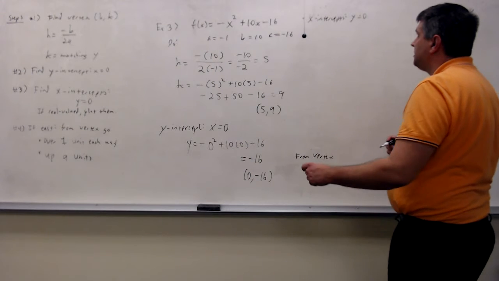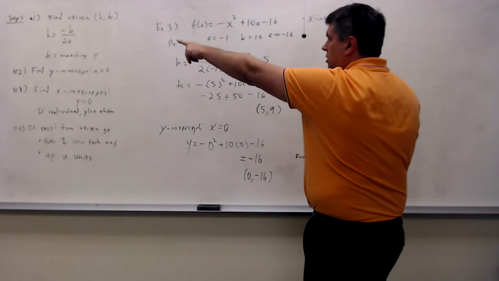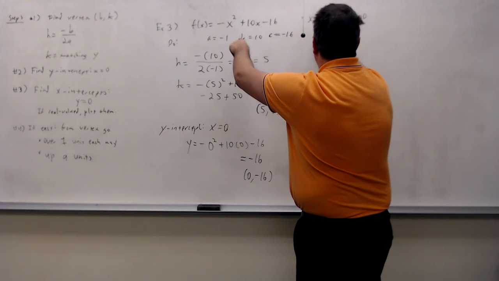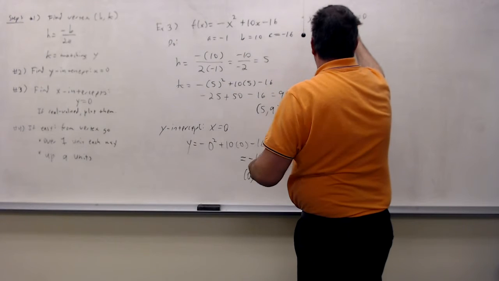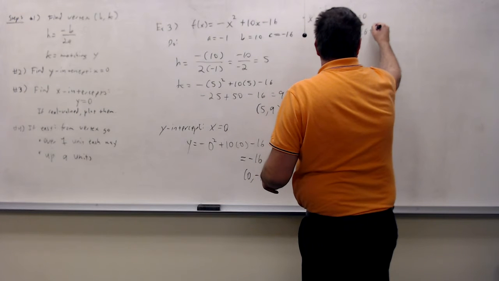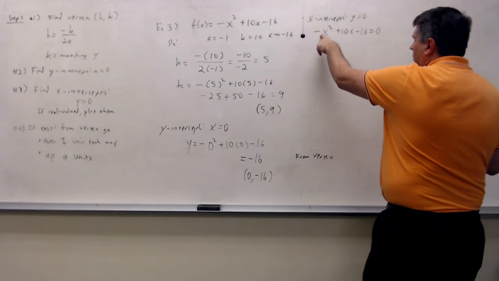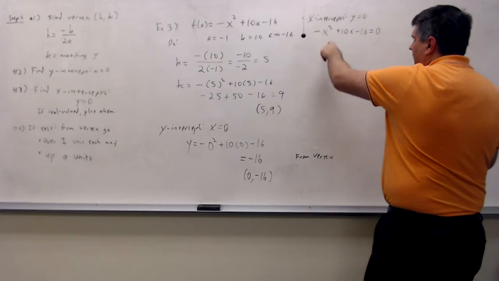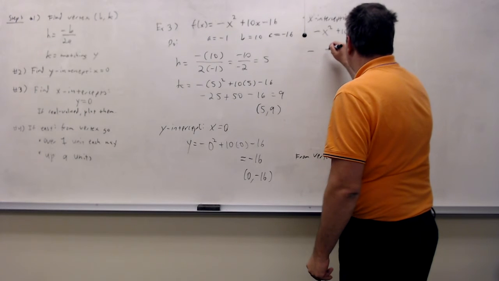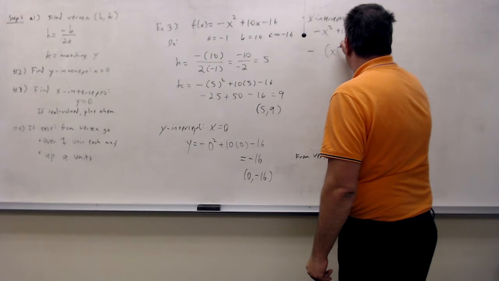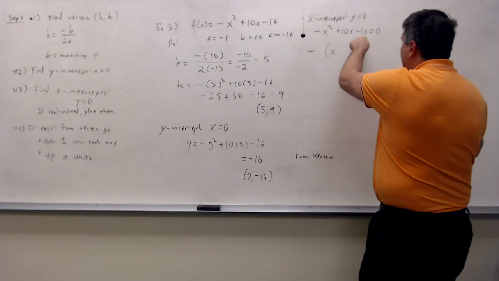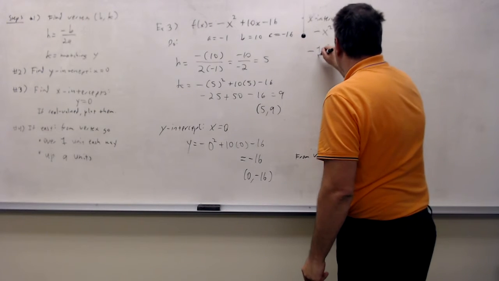At the x-intercepts, y is 0. So -x squared plus 10x minus 16 is 0. If the quadratic coefficient has a negative in front of it, factor out a negative. There are no other common factors, so we'll do -1.